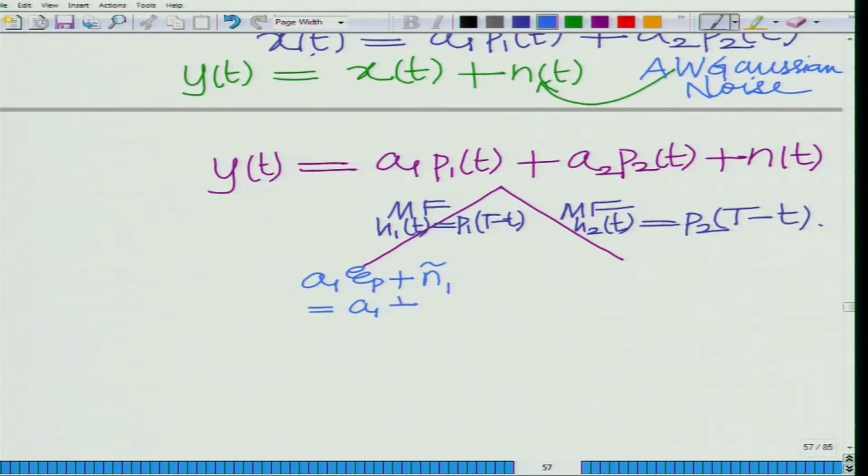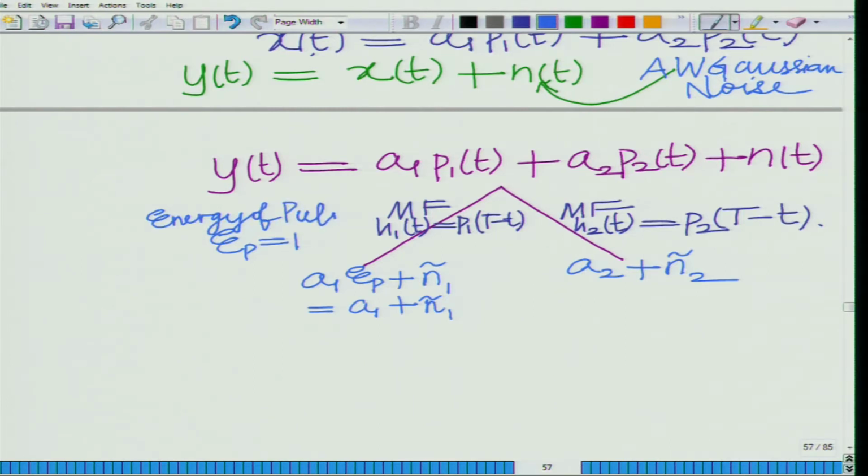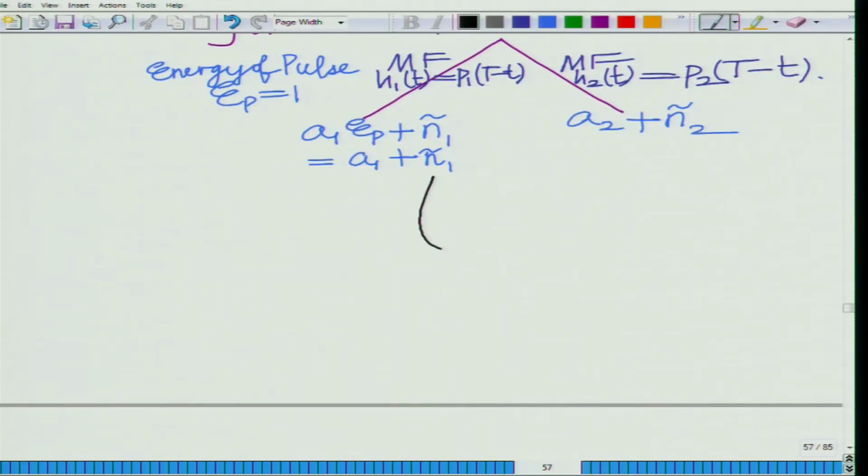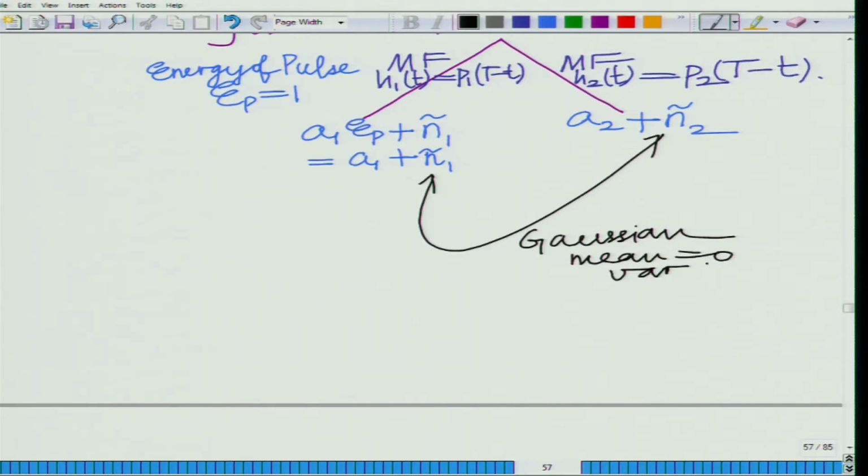I keep writing E_P again just to account for the general scenario, and this thing is A2 plus N2 tilde, again note E_P equals 1. N1 tilde and N2 tilde are Gaussian noise samples, mean equal to 0, variance equal to N0 divided by 2.